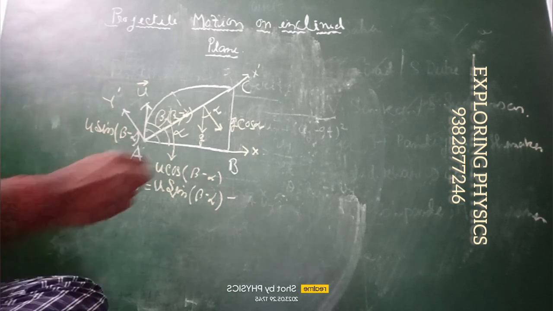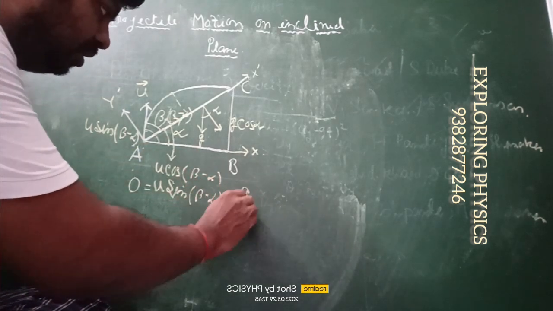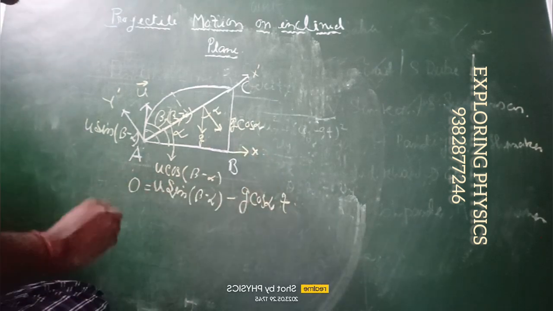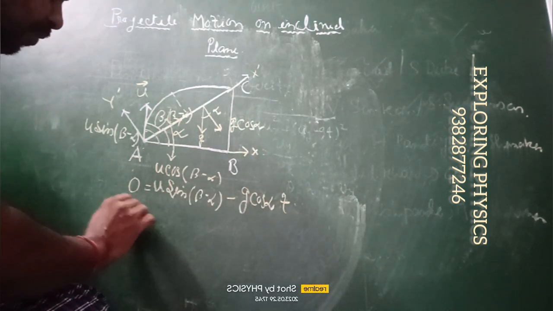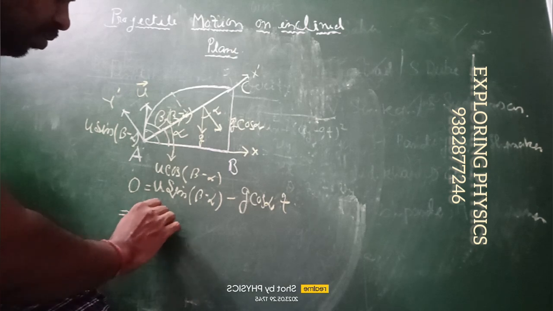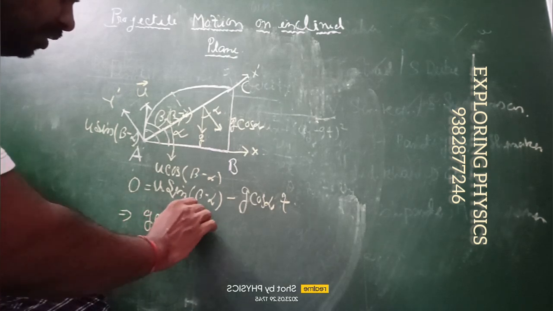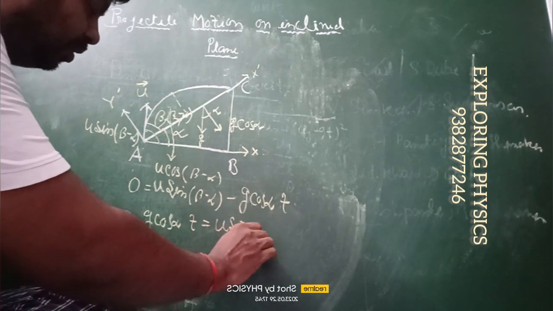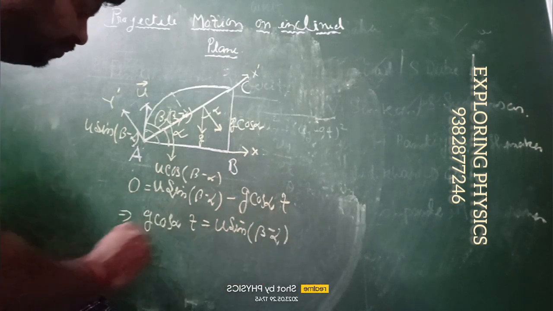Here g is g cos alpha, that is g cos alpha into t. So we have g cos alpha into t equals u sine of beta minus alpha.